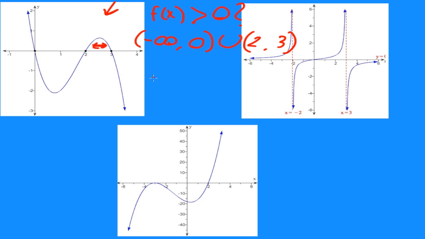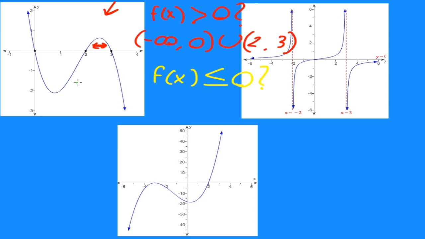Now, what happens when f of x is smaller than or equal to 0? What happens there? Let's go with green. So what happens then? When it is smaller than or equal to 0, well, that's below the x-axis.